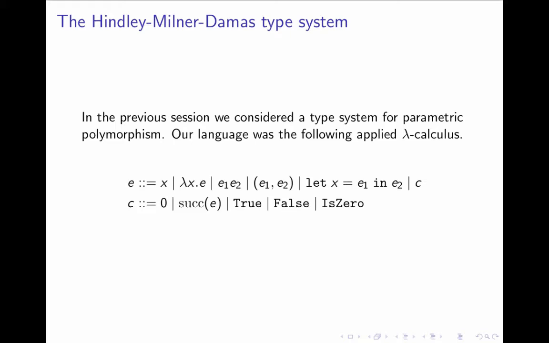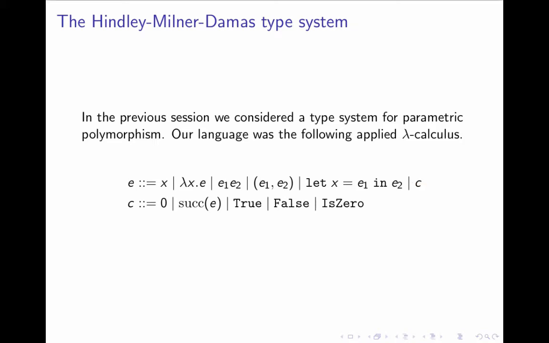First, let's look at the type system again, just to recap. This was the type system for an applied lambda calculus with expressions and constants. And the expressions that we have are the expressions of the lambda calculus. We have variables, we have abstraction, we have application, and then moreover we've got pairs, and we've got let expressions, and we've got constants.